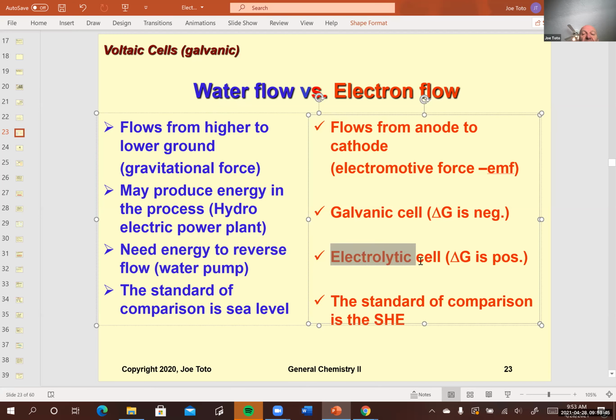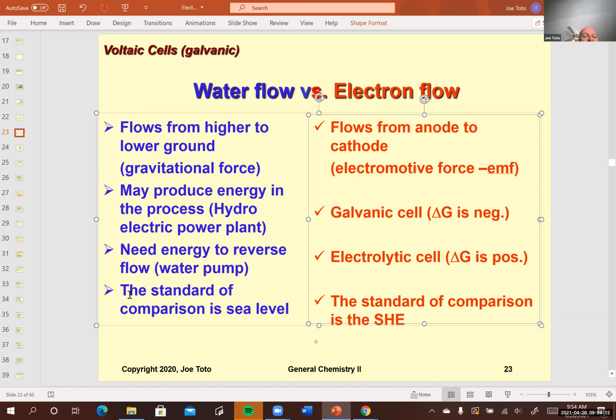For batteries, we could make what's called an electrolytic cell, which could run non-spontaneous redox reactions. In other words, run those spontaneous redox reactions in reverse by hooking them up to a power source, another battery maybe, that has a higher voltage potential.